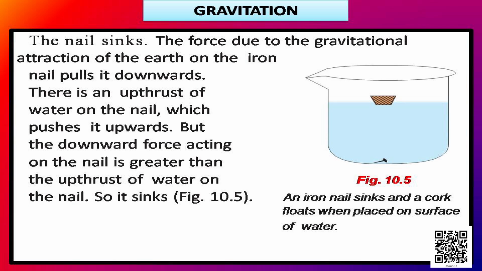The nail sinks. The force due to the gravitational attraction of the earth on the iron nail pulls it downwards. There is an upthrust of water on the nail which pushes it upwards, but the downward force acting on the nail is greater than the upthrust of water on the nail. That's why it sinks and goes to the bottom of the container.